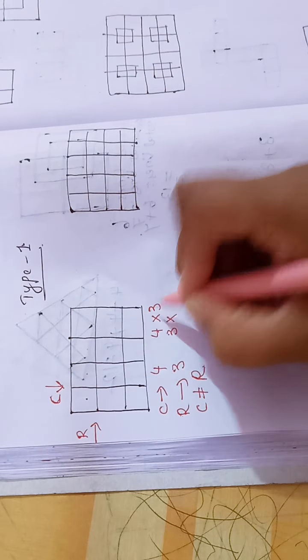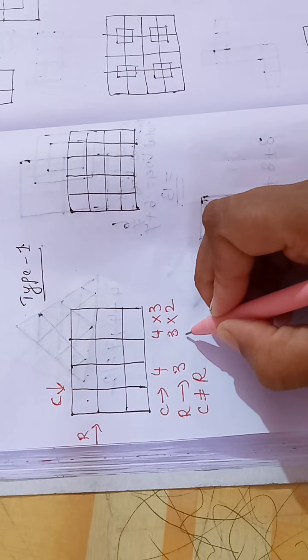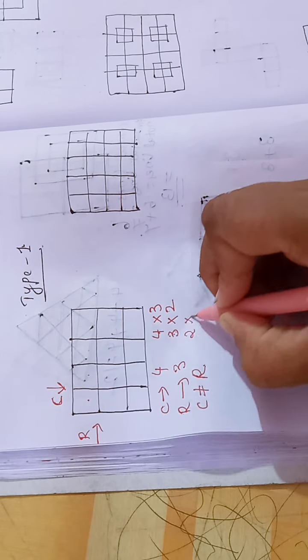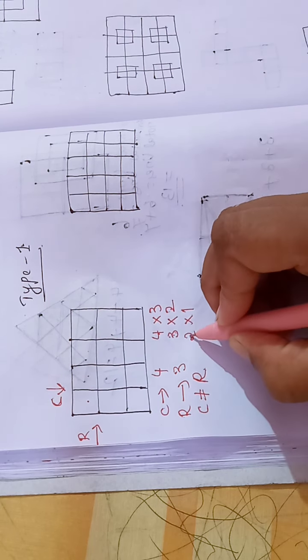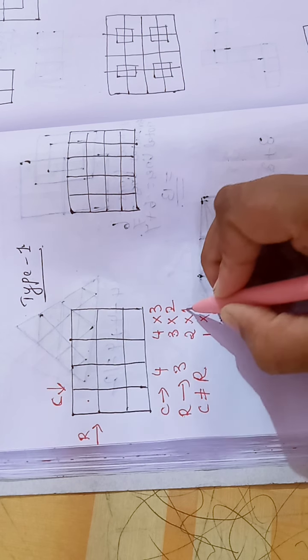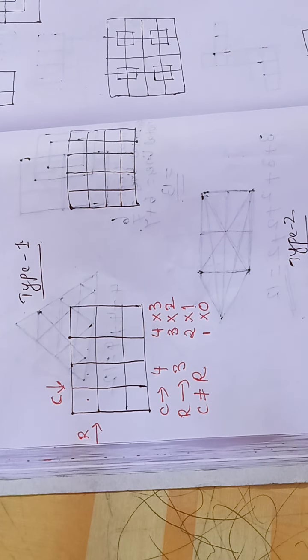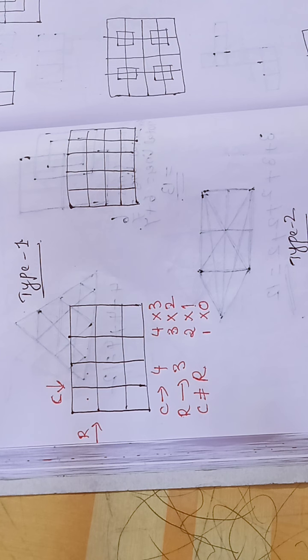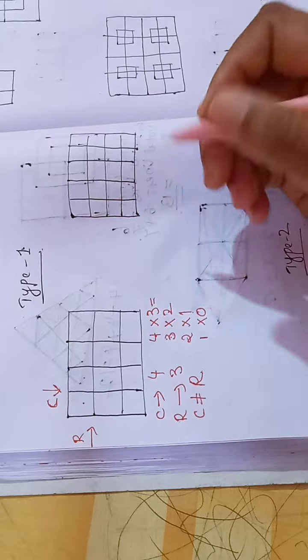Reduce 1 from 3, you will get 2. Again reduce 1 from 3, 2. Reduce 1 from 2, 1. Again reduce 1 from 2, what you will have? 1. 1 from 1? 0. So until 0 gets, you have to reduce one number and write in such a way. Okay.